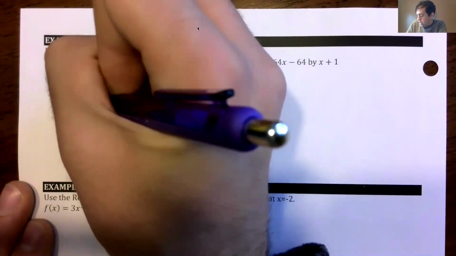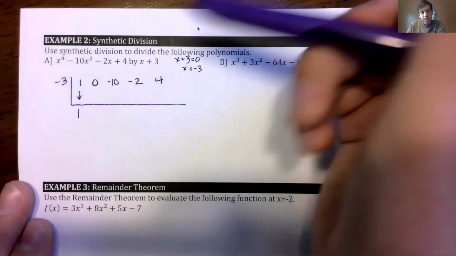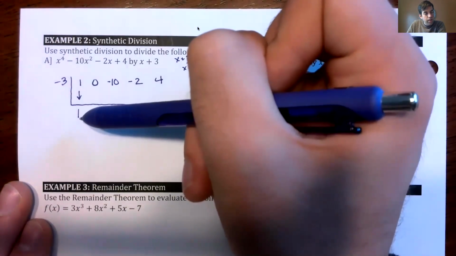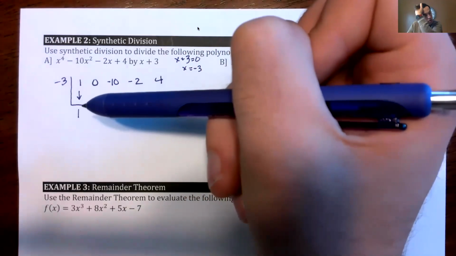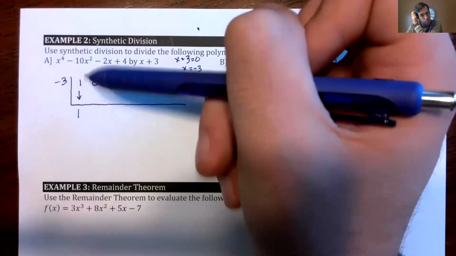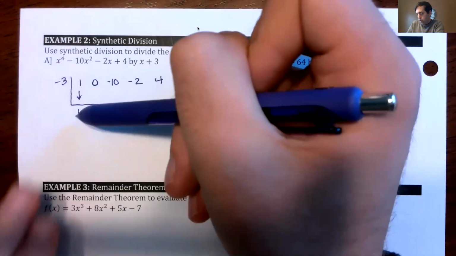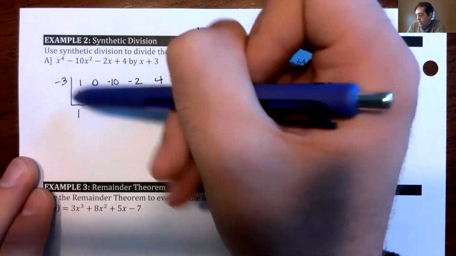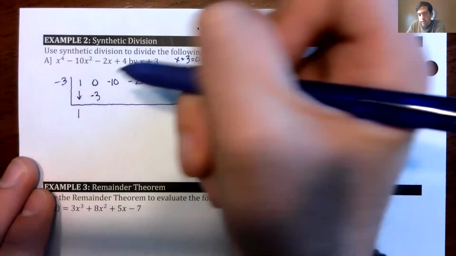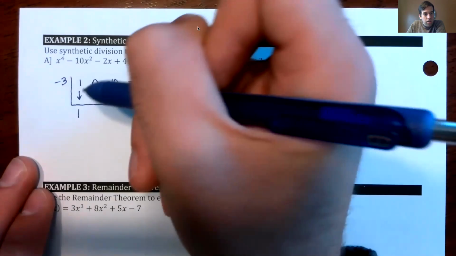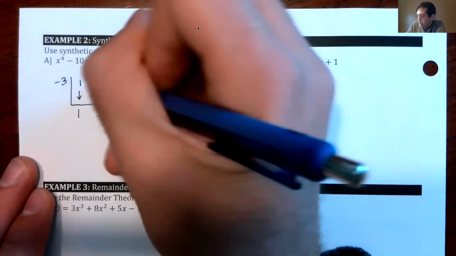So now we're going to bring down the 1. So the first step is always bring down the first number to the bottom. Okay? You never multiply that by anything, add anything, you just bring it down. So we brought down a 1. Then we do 1 times -3 and write the answer in the second row of the next column. So we do 1 times -3 is -3, and then we add down.